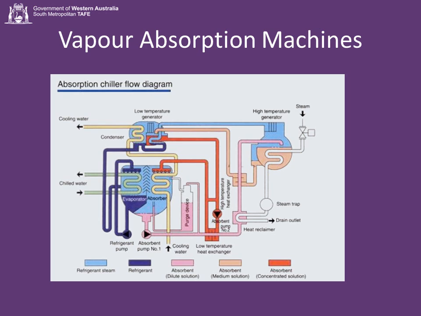And in order to get it to separate away, we actually have to add heat to the system, which we add in a separate place, just over on the right there, the high temperature generator. The vapor absorption machine is a magical machine.